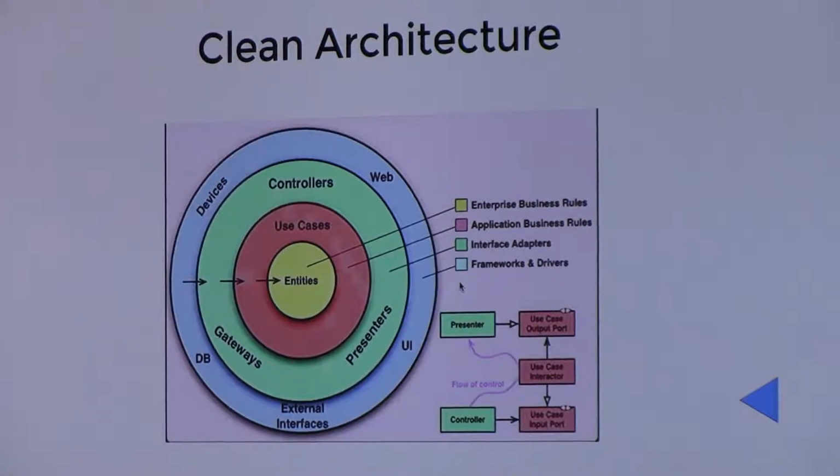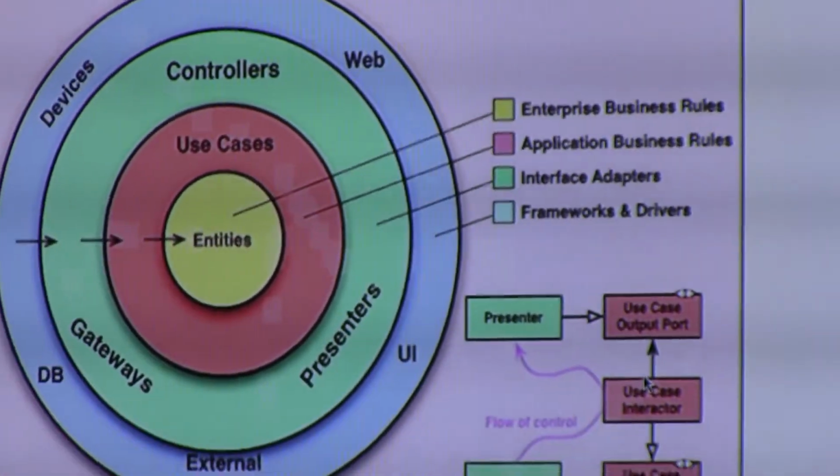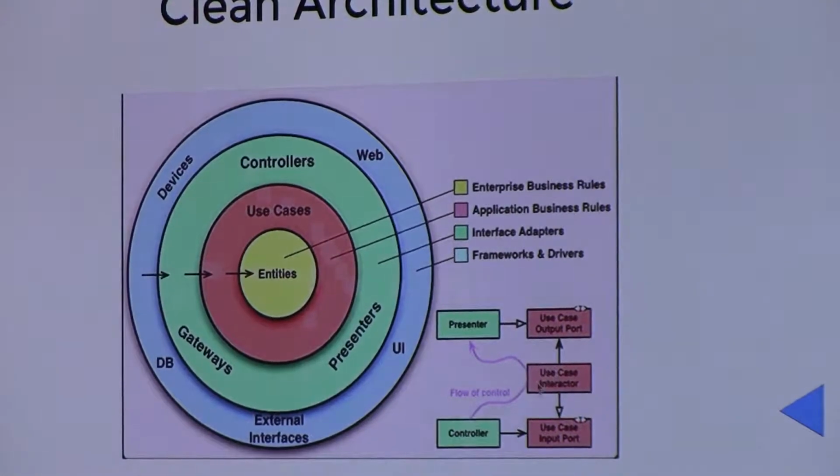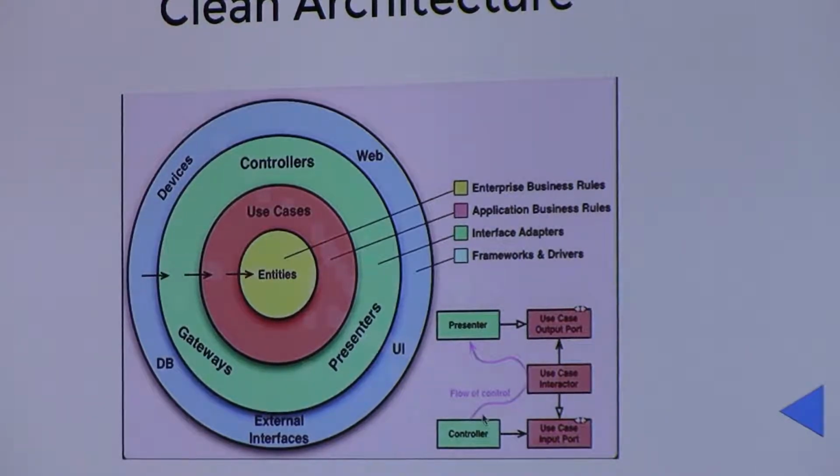So here you can see a typical flow. You have the dependencies. You can see the arrows here pointing towards the dependencies. Just refer to the color coding.